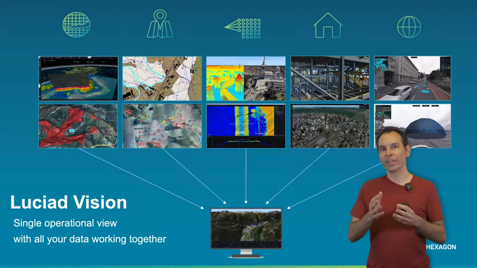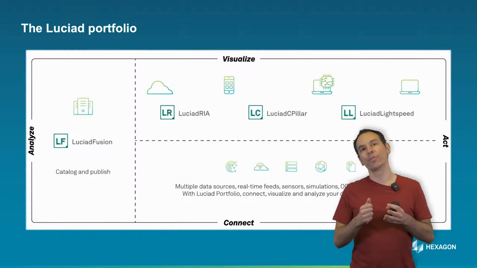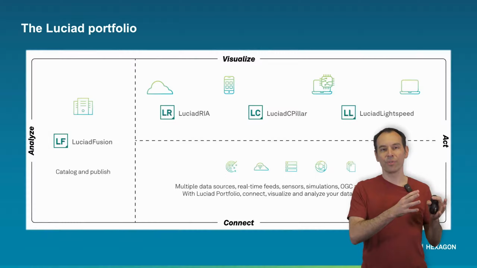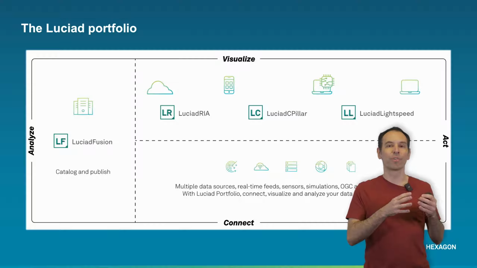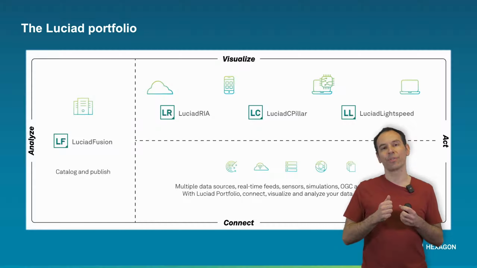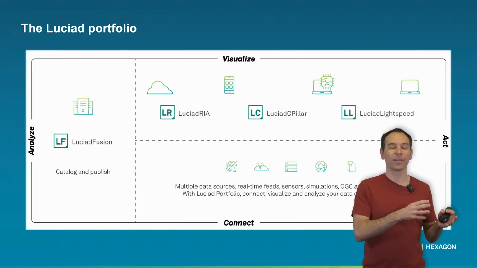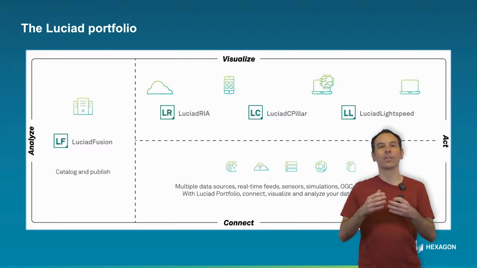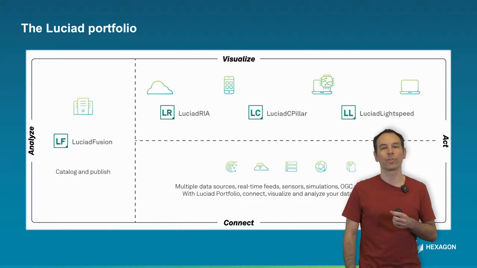So what does that mean in practice? Here you can see our product overview. On the left, there's Luciad Fusion, software components for building a geospatial data server. It focuses on data cataloging and streaming data to clients over open protocols.